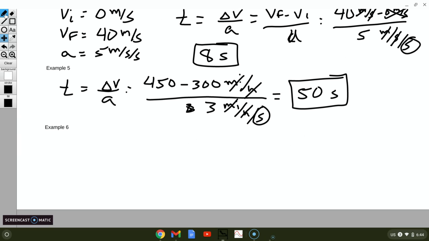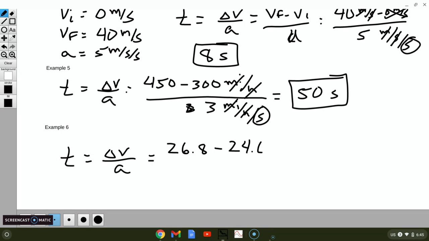So here's number 6. A car accelerates at 2.6 meters per second. How long does it take to accelerate from 24.6 meters per second to 26.8 meters per second? So we're just going to use the same equation. Yeah, I know the numbers are a little weird. That's okay. So my final velocity, that's 26.8, minus the initial, 24.6 meters per second, all over 2.6 meters per second.